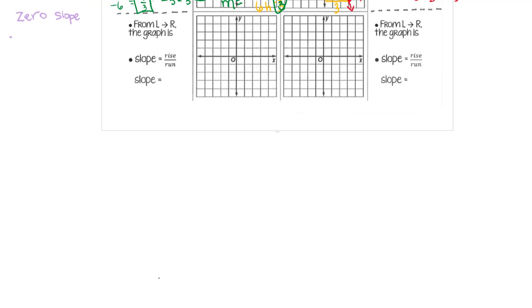Okay, a 0 slope is what you might call a flat line. And these are the kinds of slopes that you see on a football field, on a basketball court, volleyball, soccer pitch.